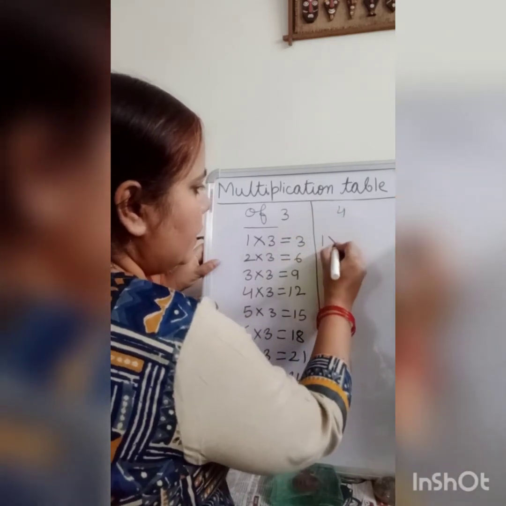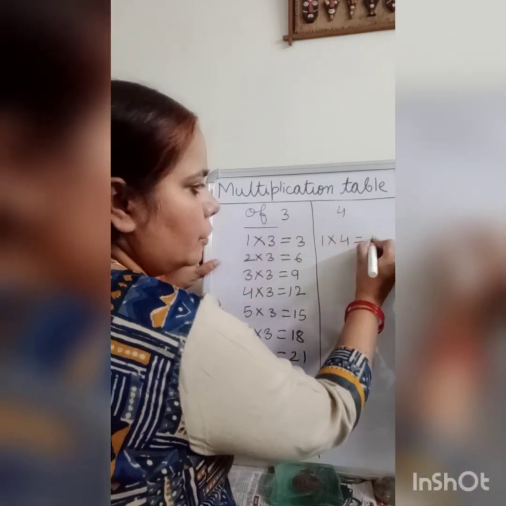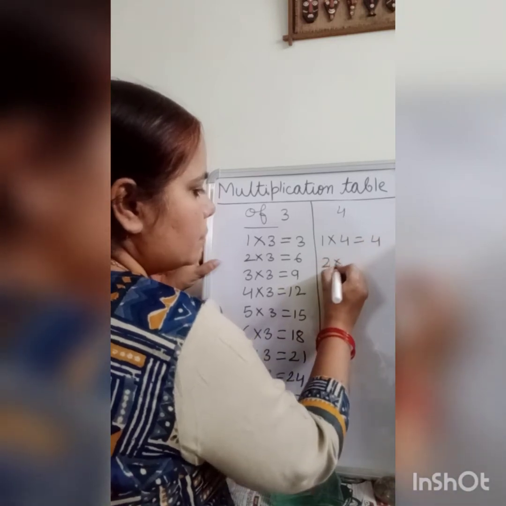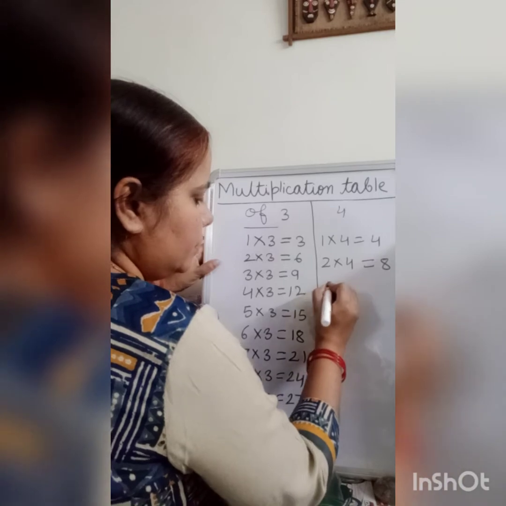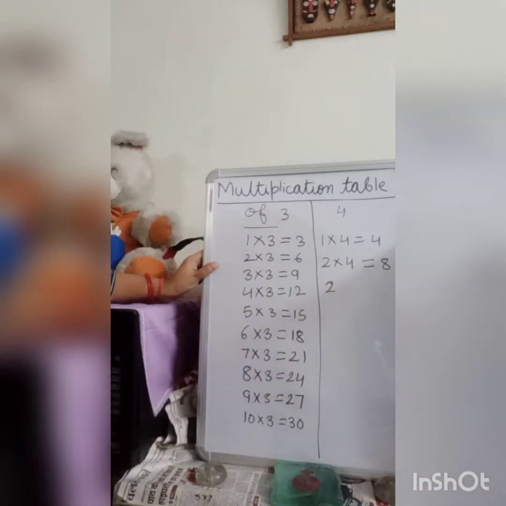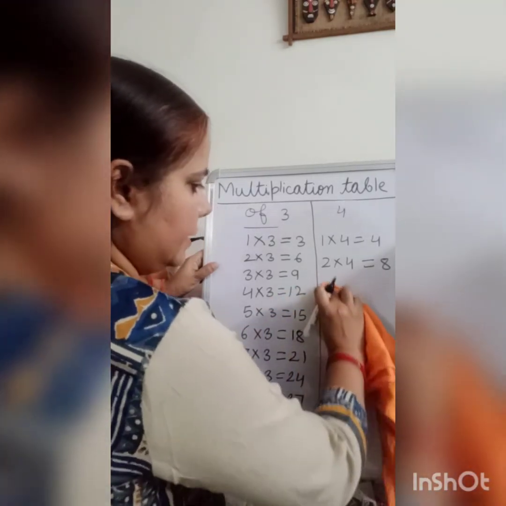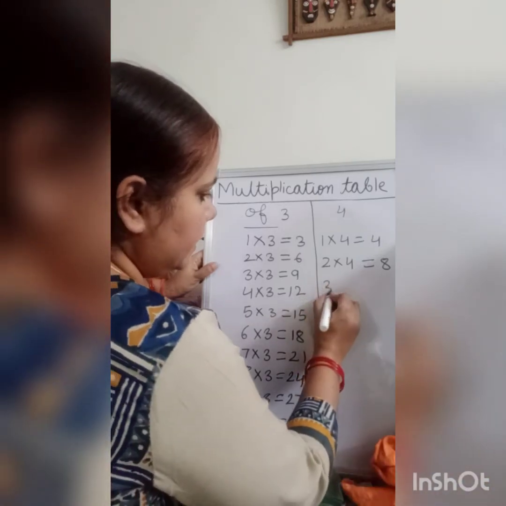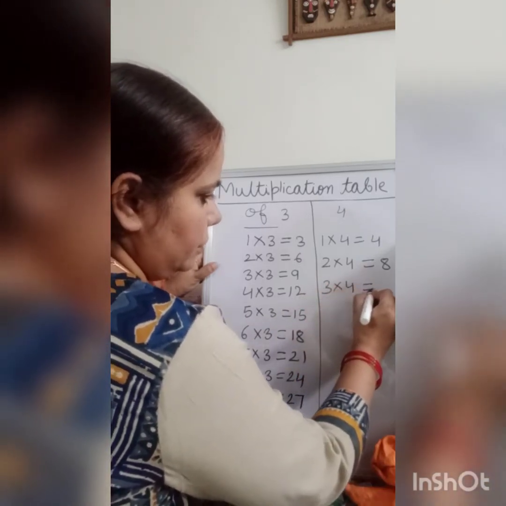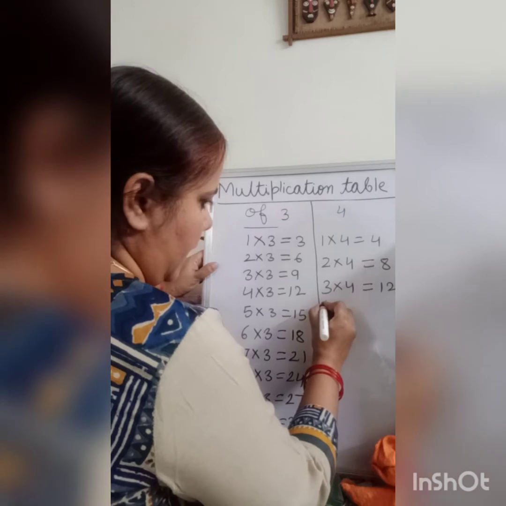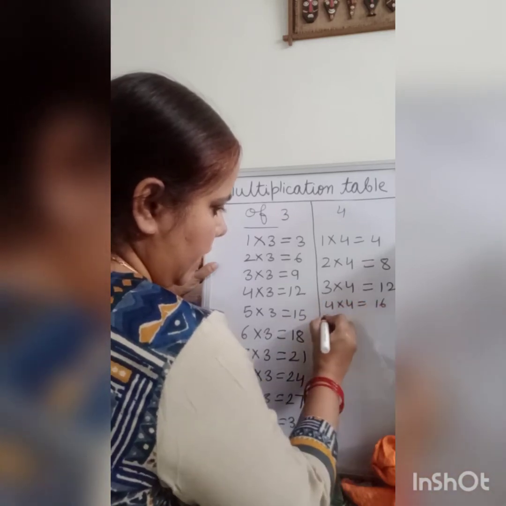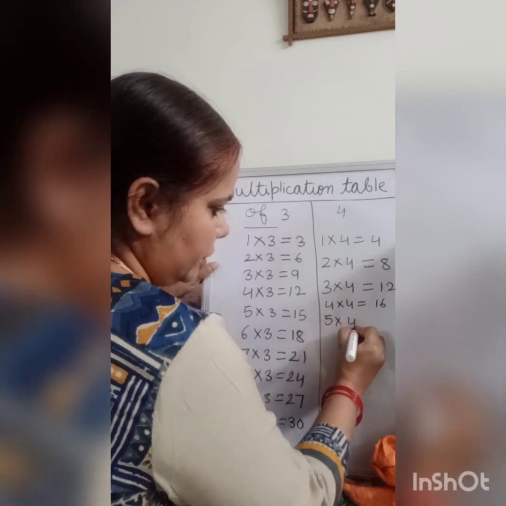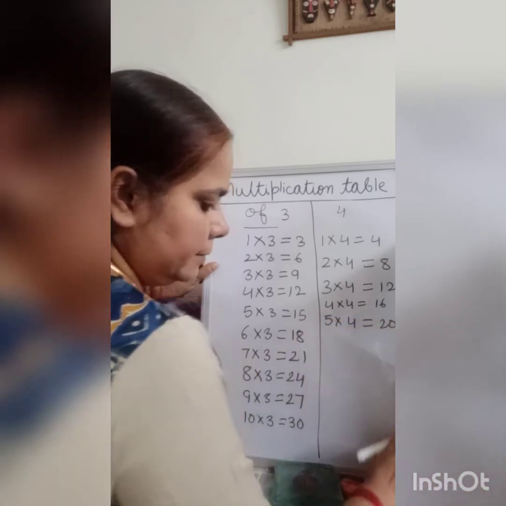Okay, 1 times 4 is equal to 4. 2 times 4 is equal to 8, and 3 times 4 is equal to 12, and 4 times 4 is equal to 16, and 5 times 4 is equal to 20.